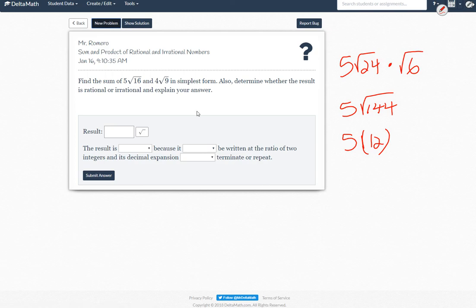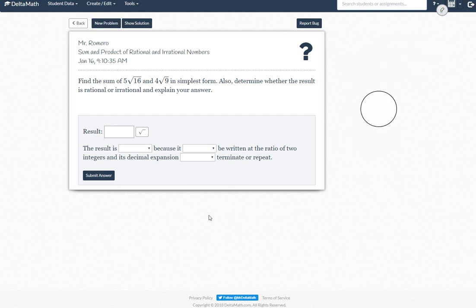Okay, here we go. Last one. Oh, no, because I said I wanted to get another adding one. Here's another adding one. 5 square root of 16 plus 4 square root of 9. They're obviously not the same, so the radicals cannot be added, but they can be simplified. Not only can they be simplified, they're also perfect. What's the square root of 16? 4.